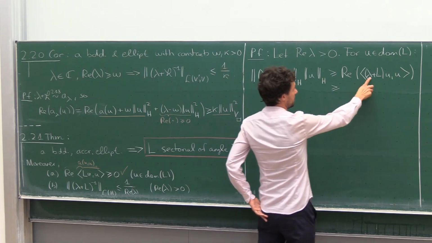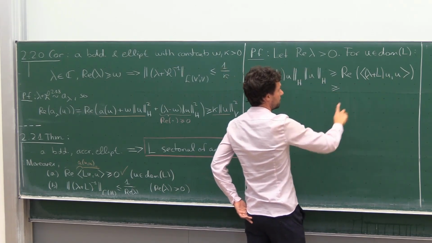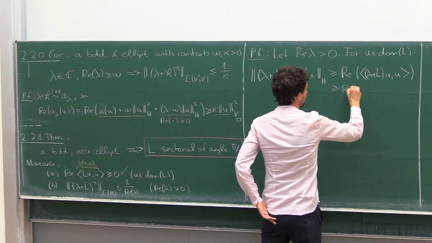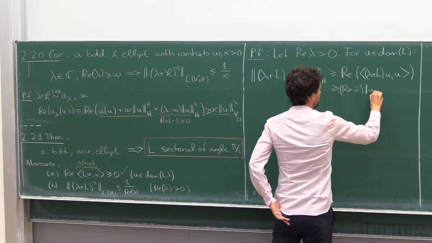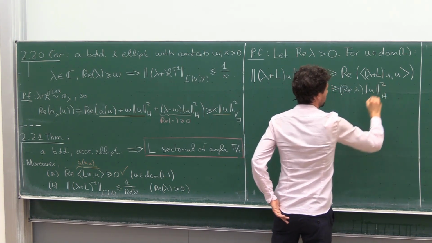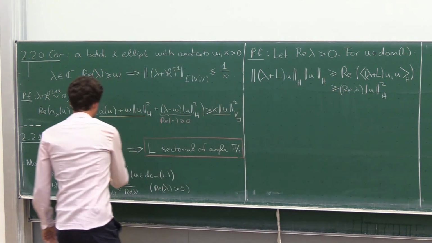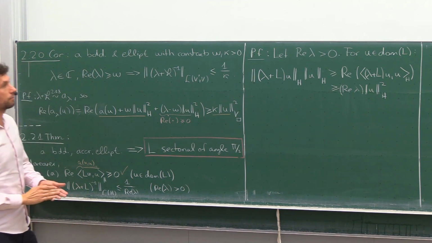So what remains is the other contribution if you want to estimate further, and the other contribution is just the real part of lambda times U in H norm squared. Okay, so this is H inner product. And I should also say here, this is a H inner product, of course.